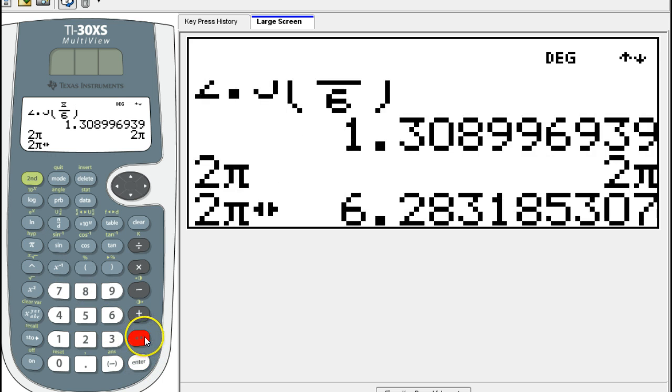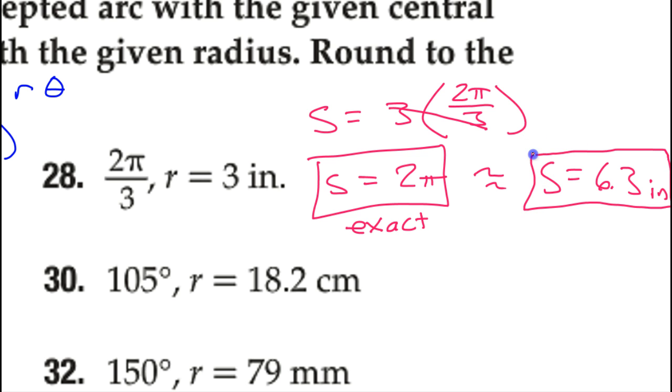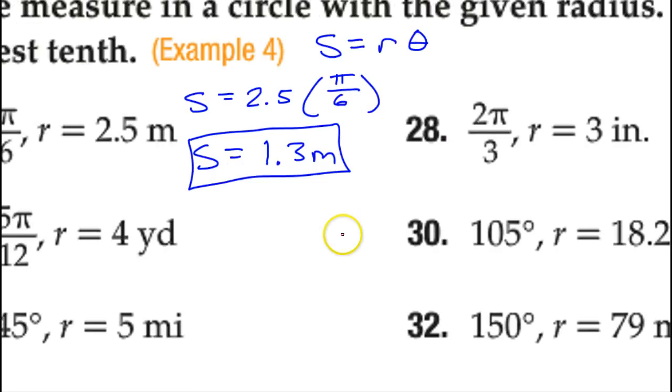I'll hit my toggle key here, and of course I get 6.28, or to the nearest tenth, that would be 6.3. 6.3 inches. Alright, so that's the answer to number 28.